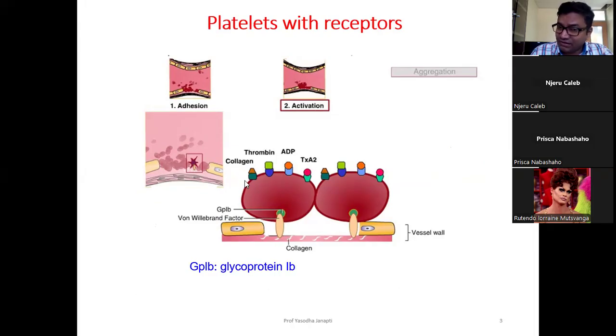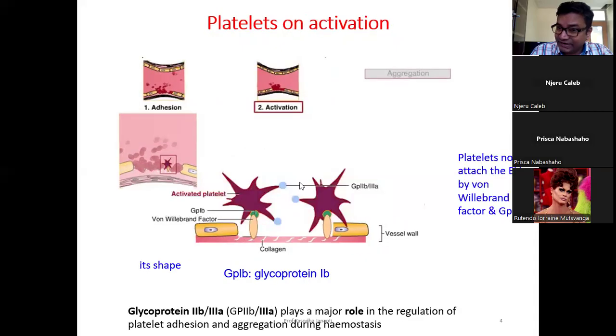That is why all these factors, collagen, thrombin, ADP, thromboxane, start this signaling, which cascades to bring further platelets closer. That is also not enough. After this gets activated, then the dormant GP2B or 3A will start activating.